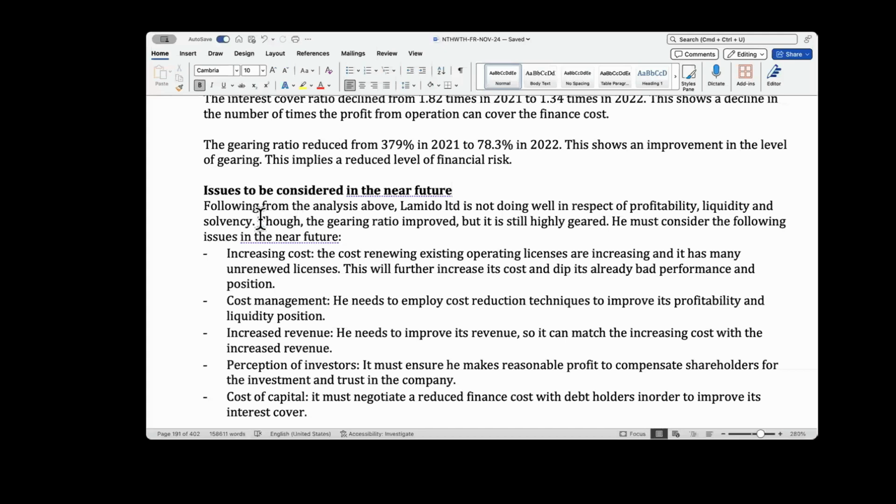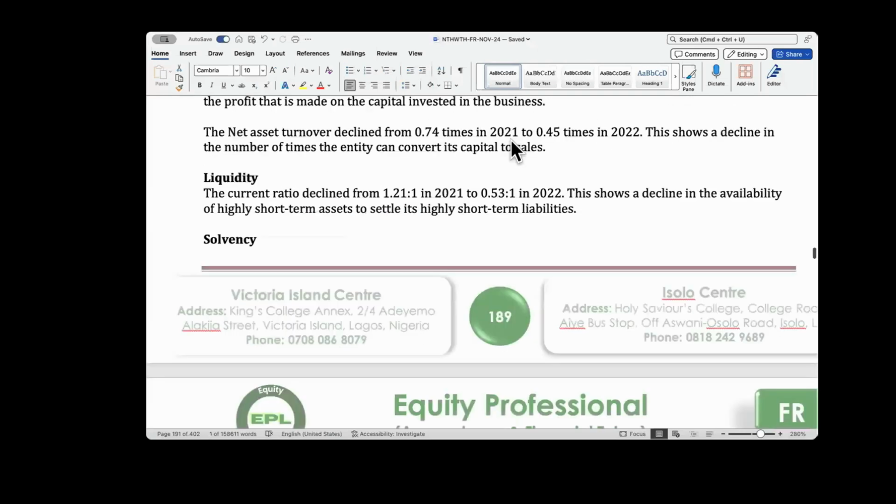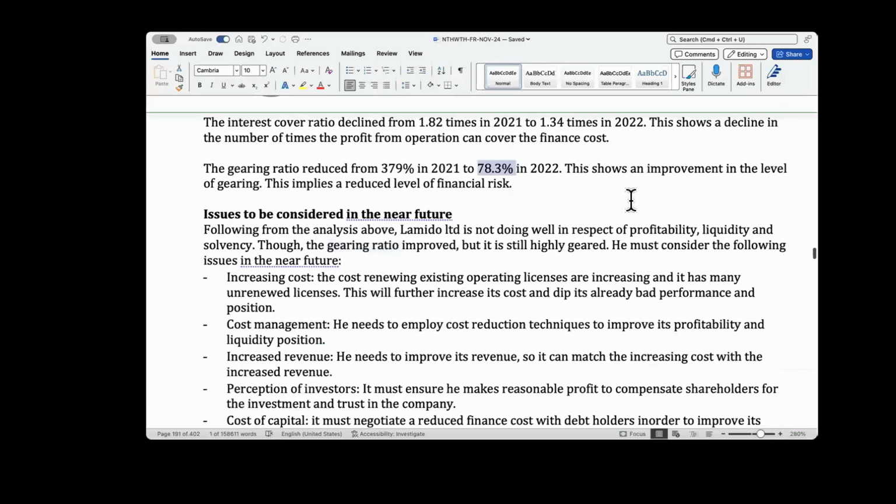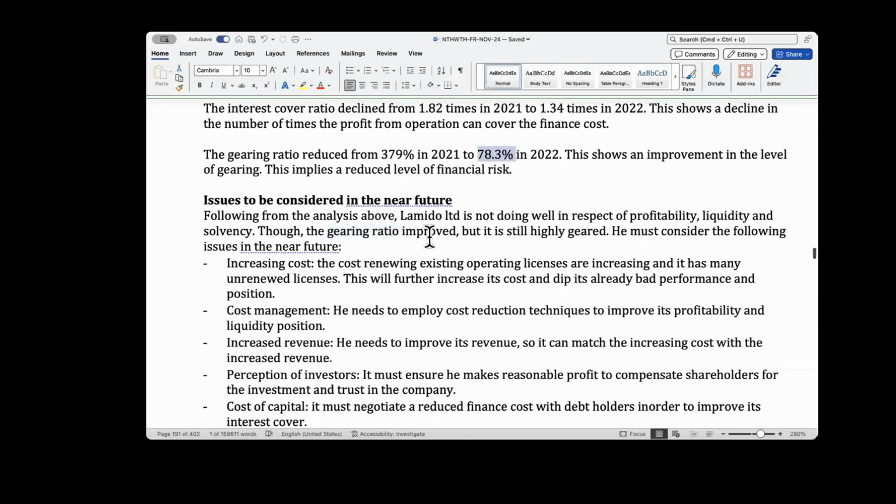And then I told them that though the gearing ratio improved, it's not doing well in terms of profitability and liquidity and solvency. I said, though the gearing ratio improved, the company is still highly geared because it is 78.3%, which is higher than 50%, considering the formula we used. So it's still high. Therefore, I said he must consider the following issues in the near future.